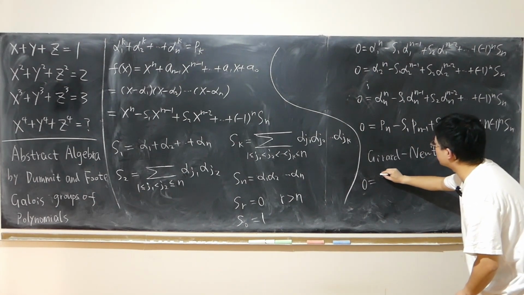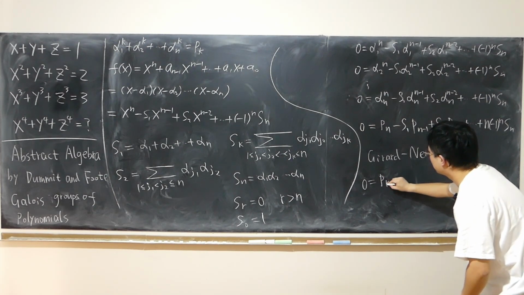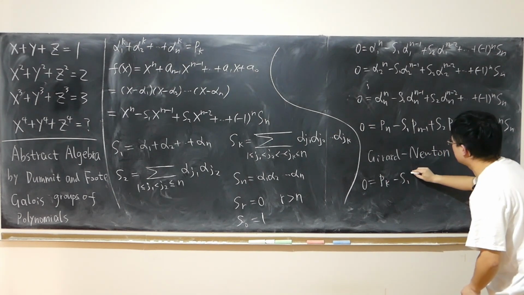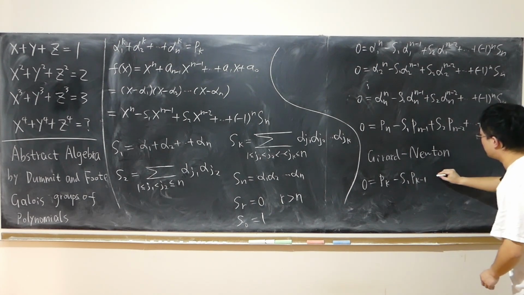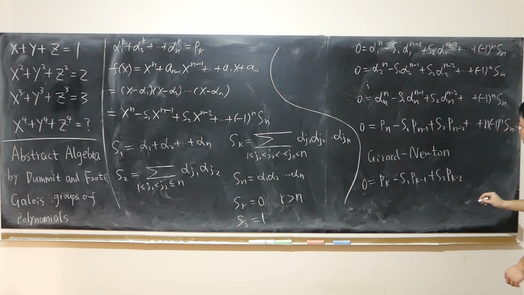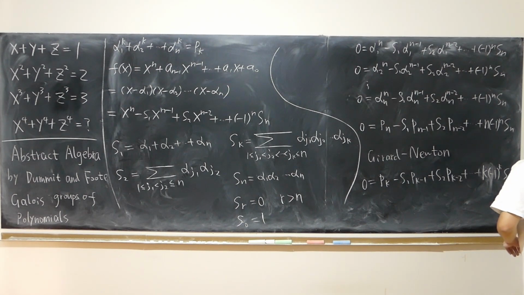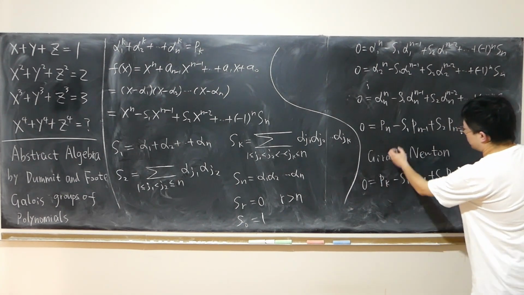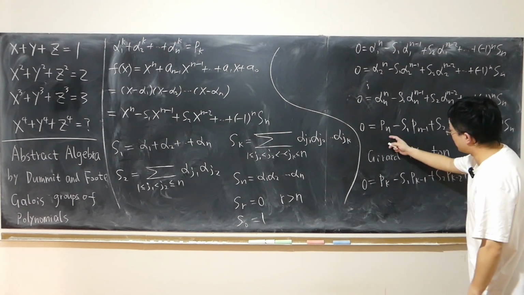Also, 0 is equal to Pk minus S1 times Pk minus 1 plus S2 Pk minus 2, an alternating series where the subscripts add up to k every time, all the way to negative 1 to the k times Sk. Right, k doesn't have to be equal to n. It could be less than n, could be bigger than n.